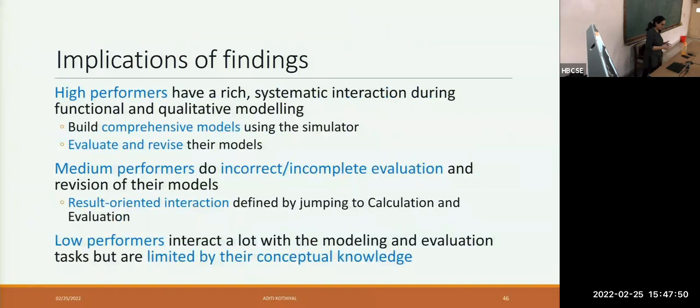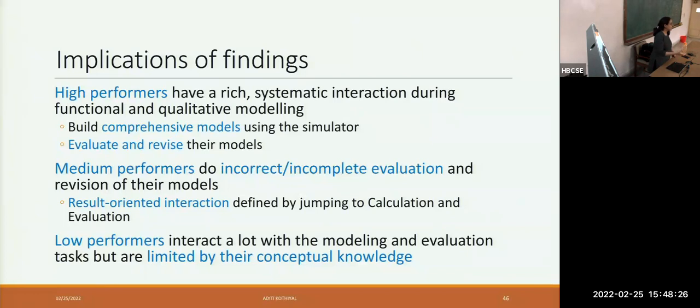Again, these are more like a summary of findings, but the implications are that students do need to focus more on this functional and qualitative modeling, and it requires a mindset shift which has to come in more integrally into the curriculum, because the curriculum currently places so much value on closed problems, on equation solving, and so on.